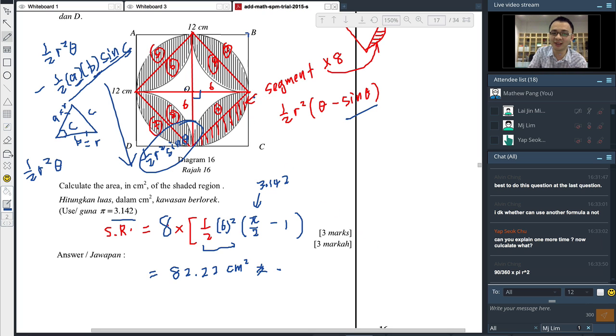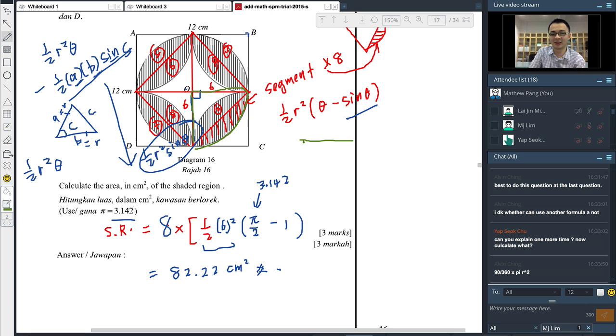Now I calculate the area of one segment. Do you see this segment? Okay, I draw out the sector with a different color because the whole diagram I sketched so terribly. I'm actually trying to find this sector.